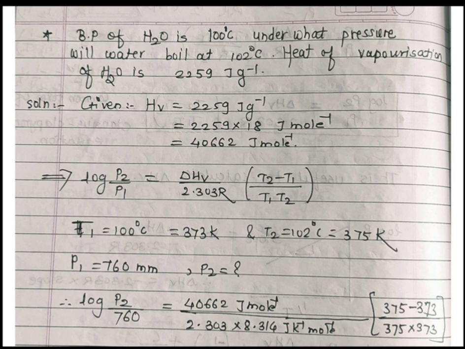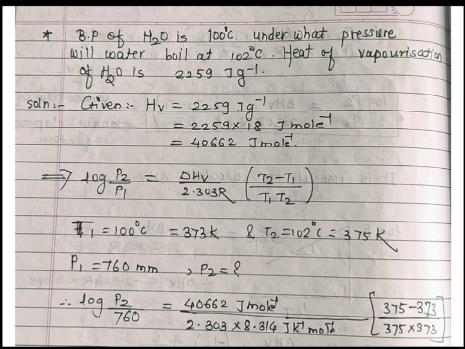Log of P2 upon P1 is equal to del Hv divided by 2.303 R into (T2 minus T1) divided by T1 into T2. Now put the values: T1 is equal to 100 degrees Celsius, that is 373 Kelvin, and T2 is equal to 102 degrees Celsius, that is 375 Kelvin, and pressure P1 is 760 millimeter.